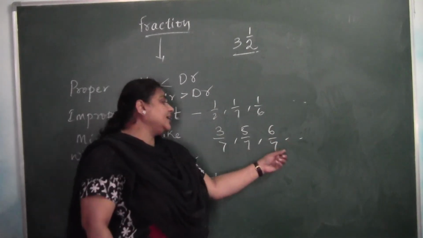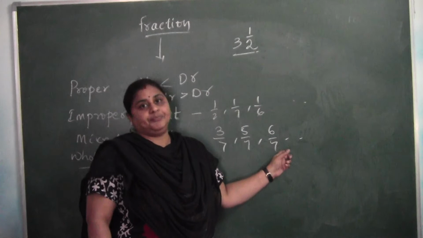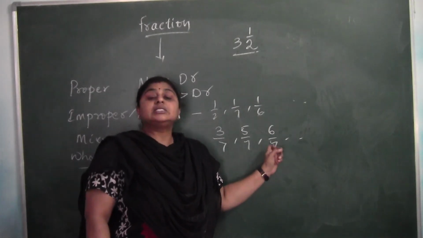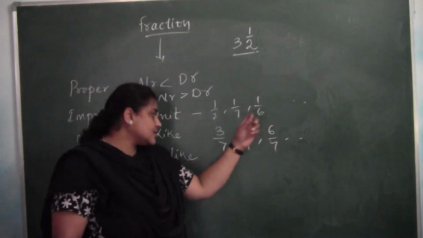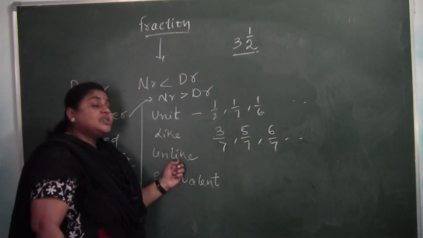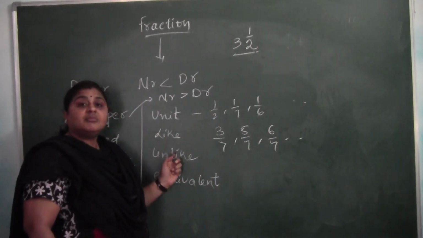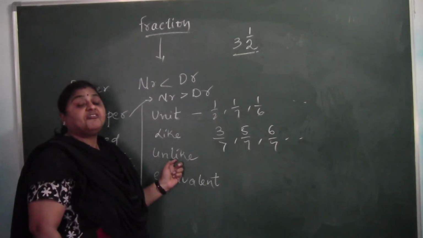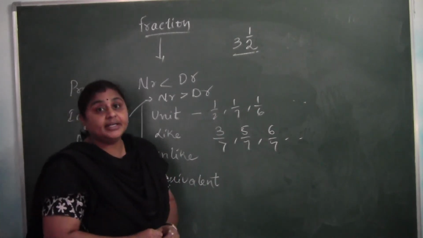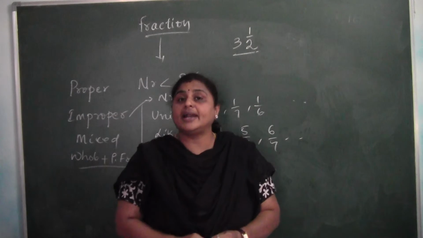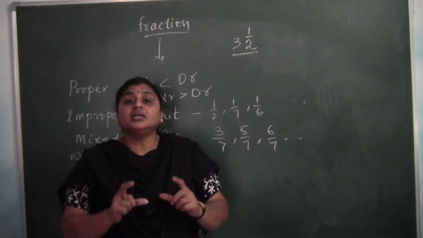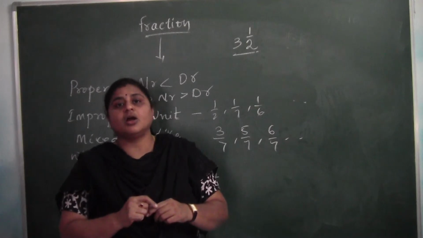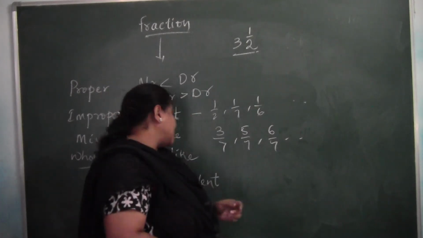Here all the denominators are the same. And opposite of like fractions is unlike fractions. Fractions with different denominators are called unlike fractions.